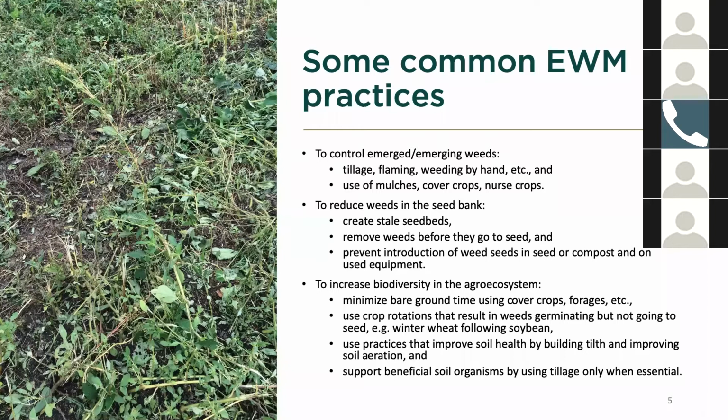So one of the things that we might do is create stale seed beds before planting. This works particularly well if we're doing vegetables, where we can create a relatively shallow layer of soil that we have done some light tillage on a number of times, each time getting more weeds to come up and then killing those. Roguing, we talked about that earlier.